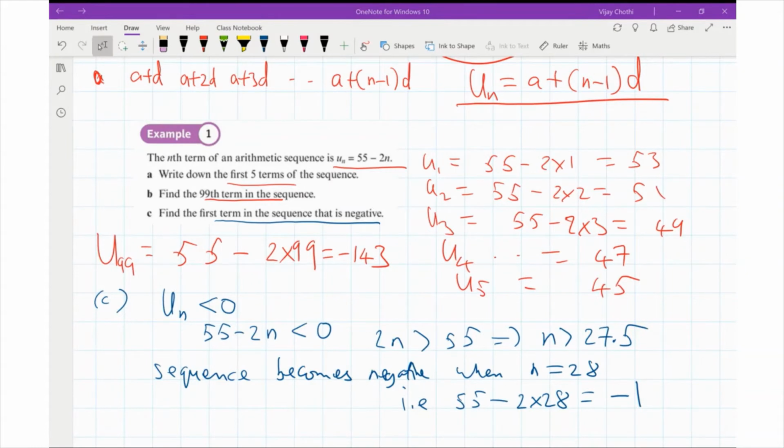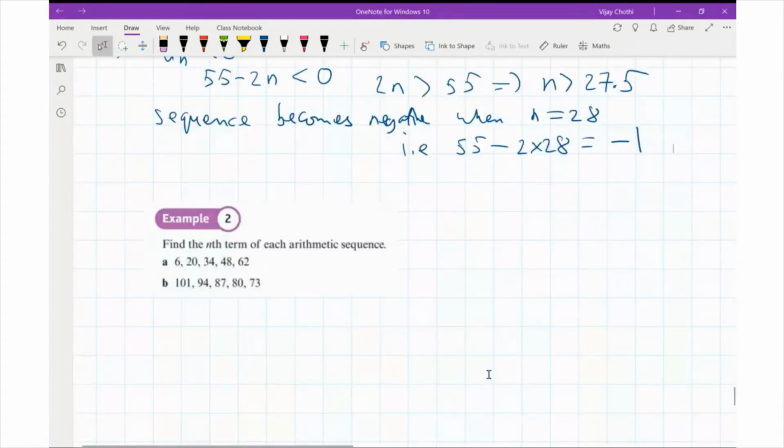Okay, here you're told they're arithmetic sequences. So this is just applying the formula. So for this one, a equals 6, the first term. The difference is positive 14. So the formula is a plus (n minus 1)d.